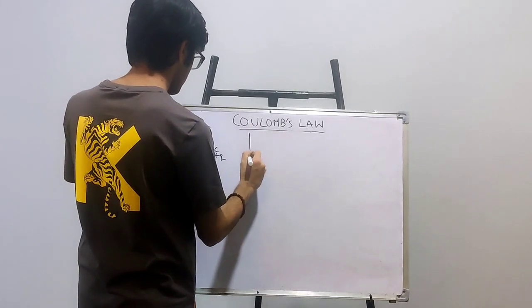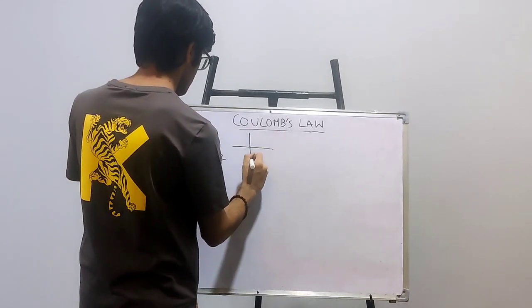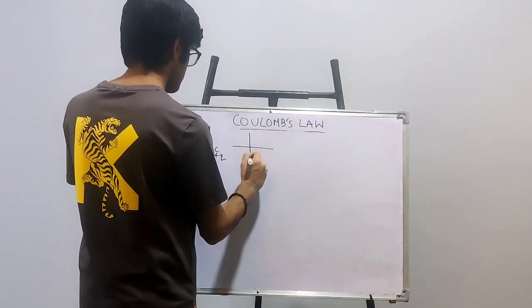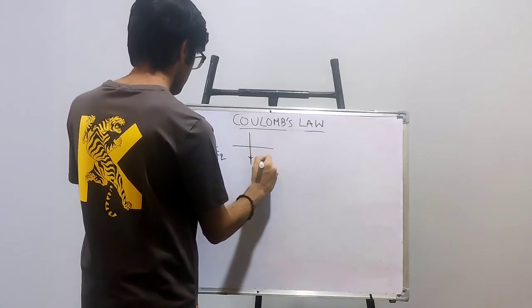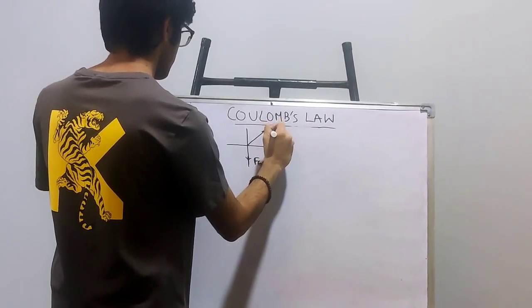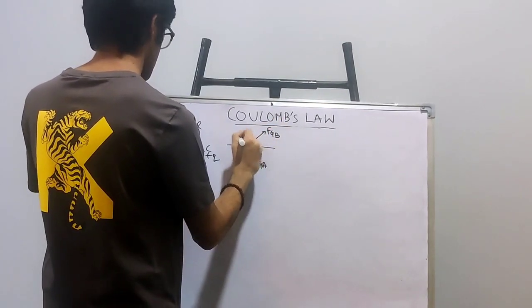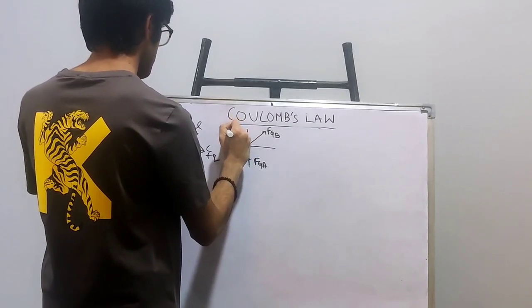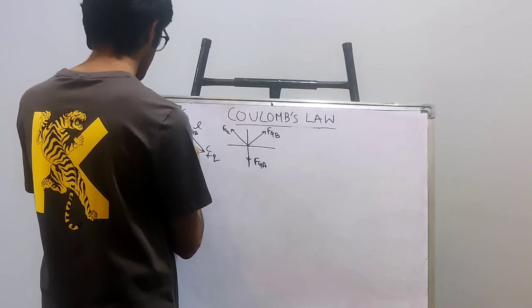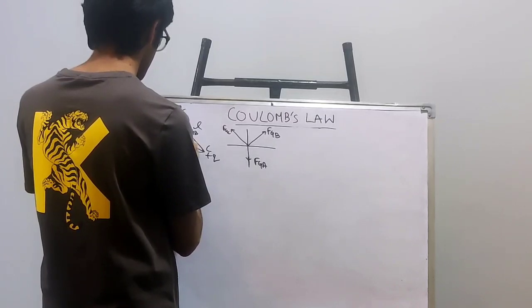Now when we resolve these components, this is our two-dimensional plane. So this is force on G due to A, this is force on G due to B, and this is the force on G due to C. So this is 30, this is 90, this is 60.